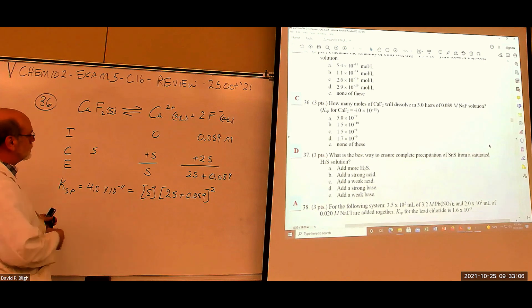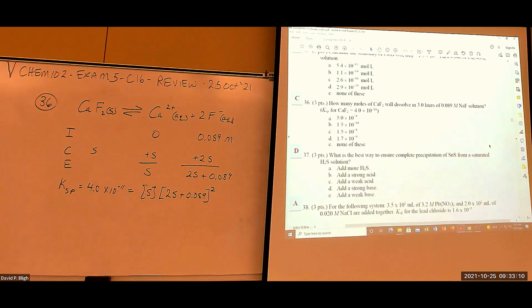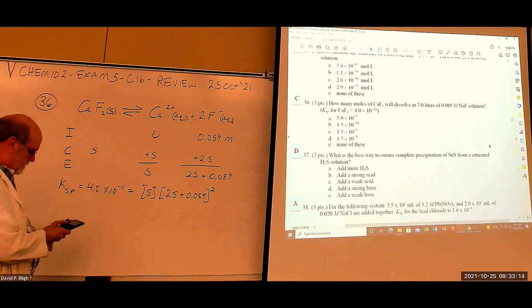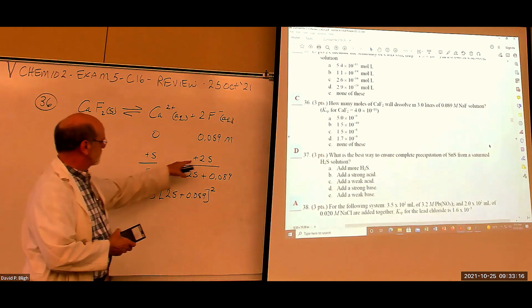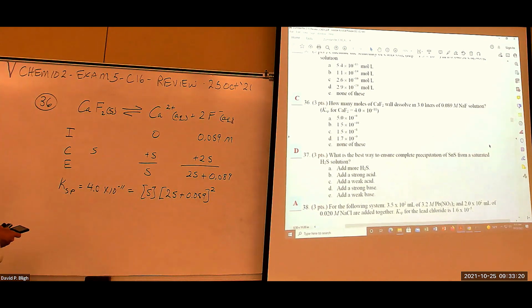So 4s cubed, based upon this, I'll just do a quick calculation. What would be the solubility without the common ion? Did I do that right? 4s cubed. So I'm going to divide this number by 4 and then take the cube root of it. Oh, that was wrong.